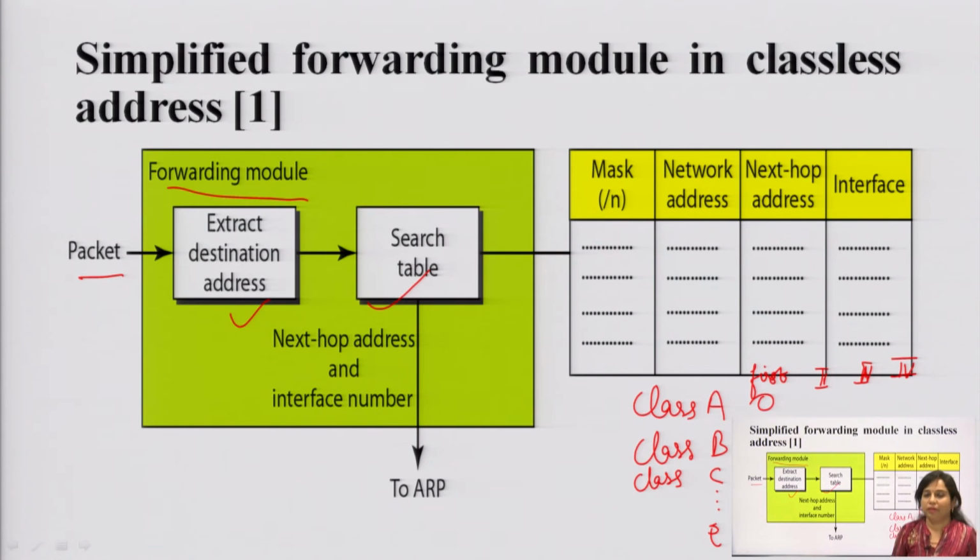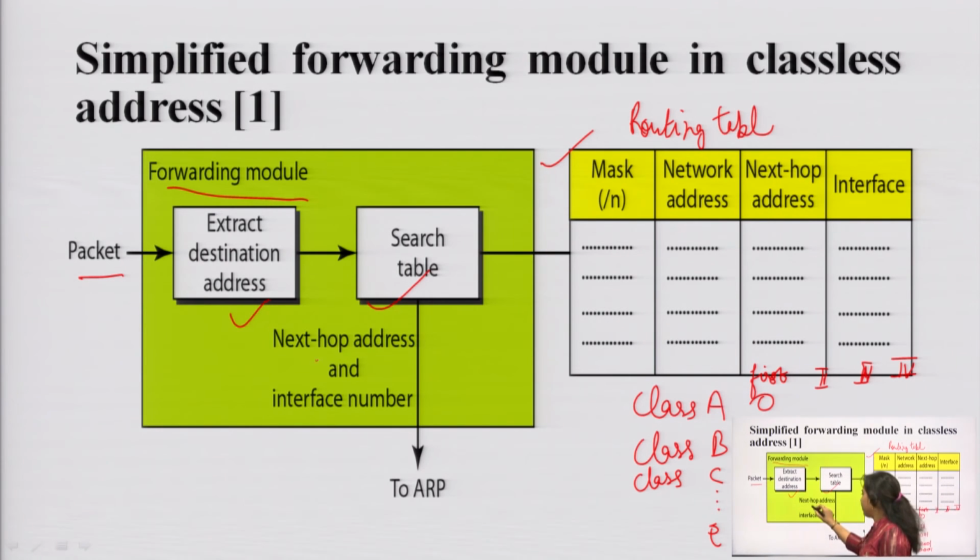This search table is basically this table, which is a kind of routing table only. The packet has to be transferred from this point to this point. So, this is the next hop address and the interface number which is shown over here. So, this is the search table.